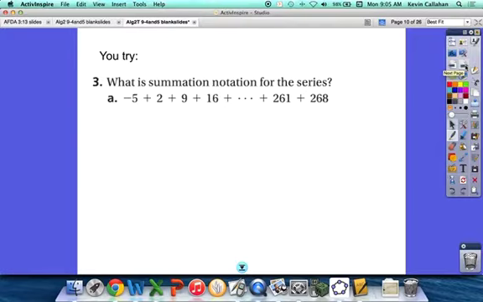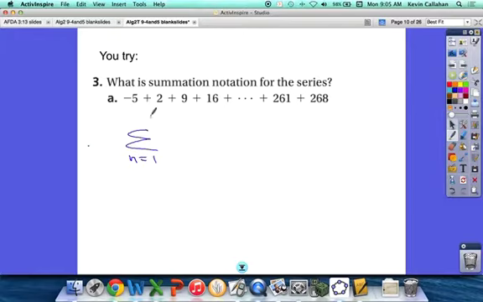So same thing. Try to make the summation notation for this. Again, this is the part that you know already, right? You're gonna have a sigma. It's gonna have n equals 1 on the bottom. You need to find two things. What's the formula for an? And you should be able to tell that by looking at this. You can see the first term, you can see the common difference.